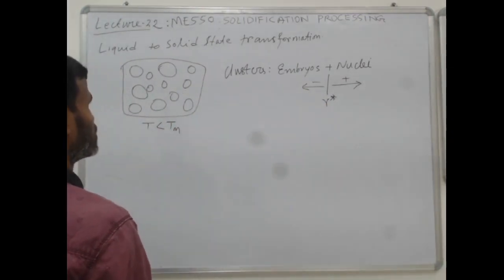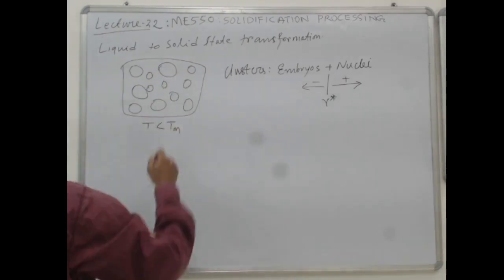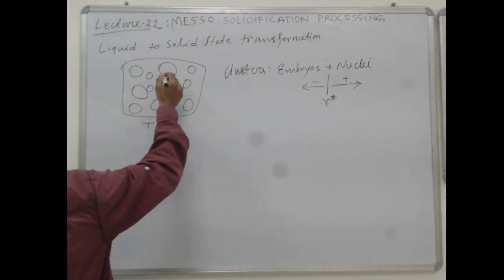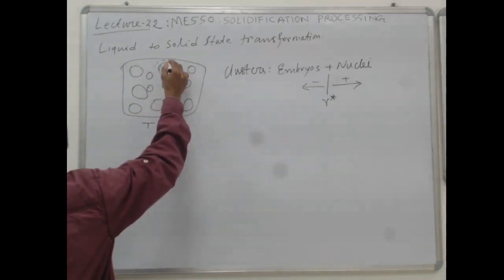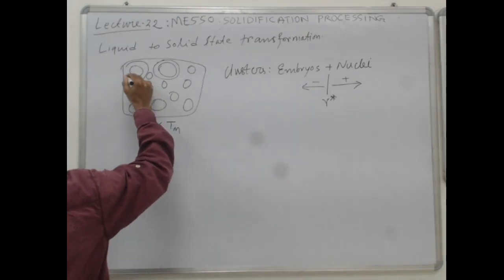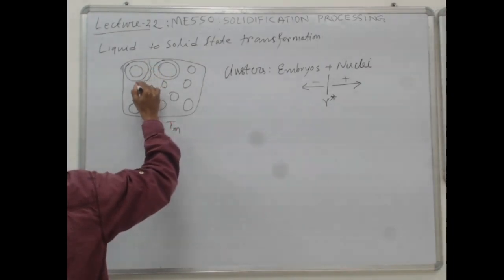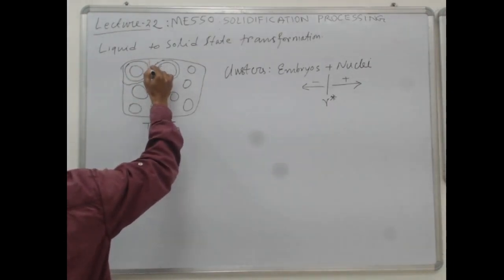So what happens if you cool the system below the melting temperature? Some of these clusters, say if the size of this cluster is greater than the critical size, it will grow. If this is also bigger than the critical size, it will also grow. But if it is smaller, it will again dissolve and go back into the liquid state.